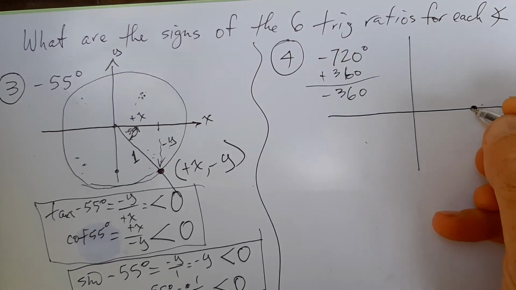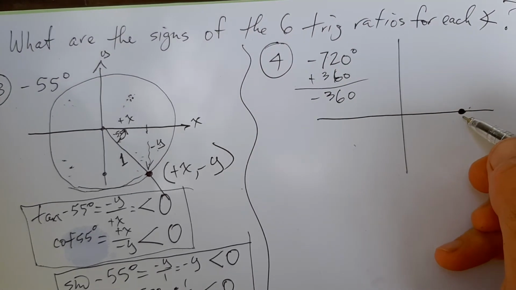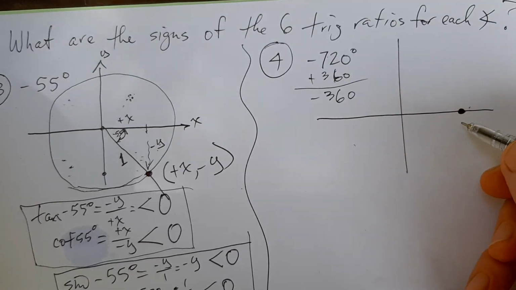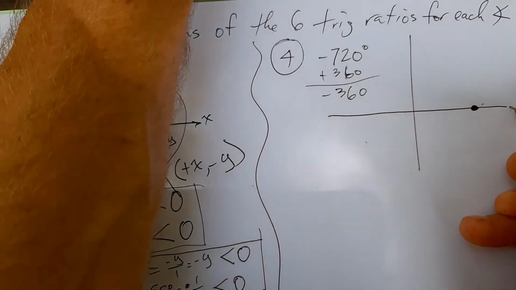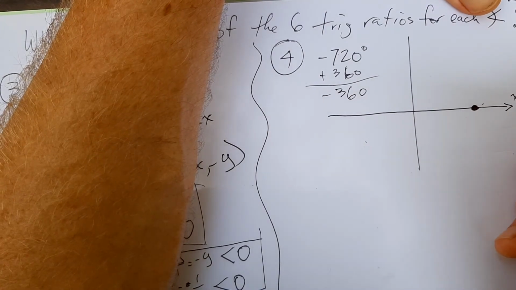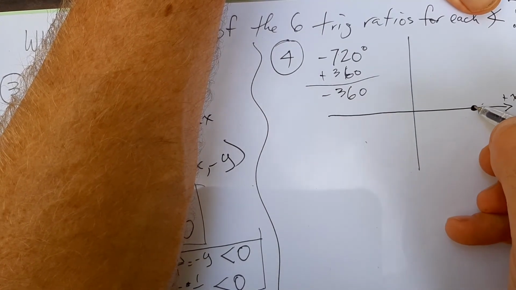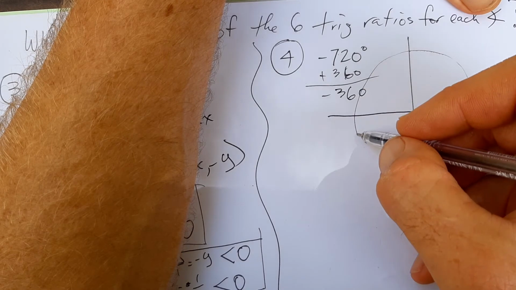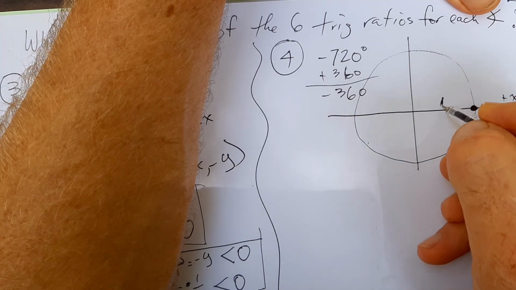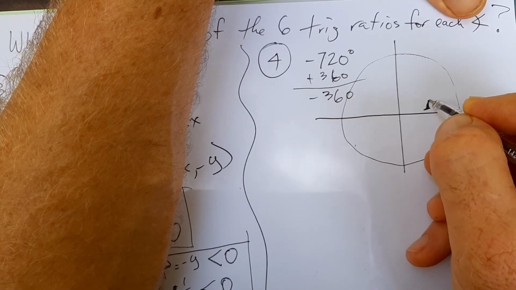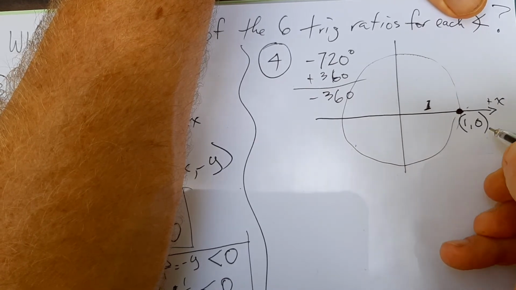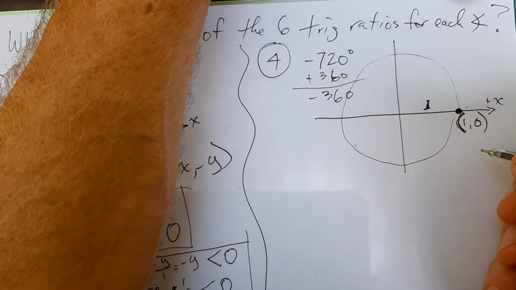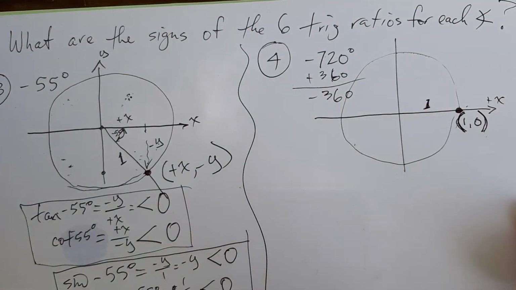We went minus 360, minus 360 again, minus 720. Now I'm on the positive x-axis. If I'm on the unit circle, that distance is 1, so my point is (1, 0). This time we need to do each one carefully because we're on this special case.